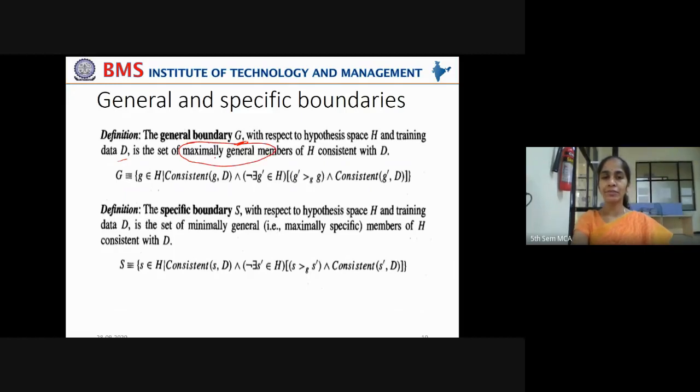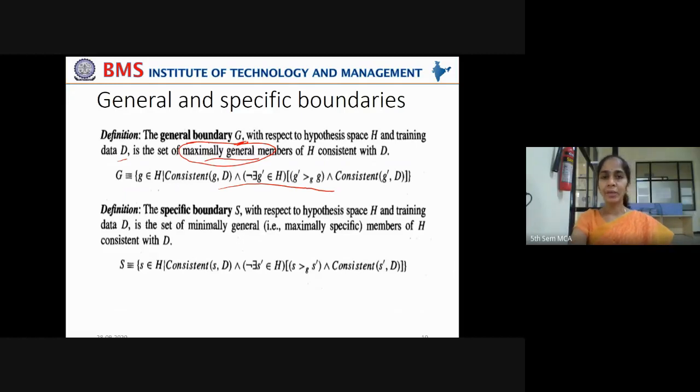Whenever you are writing this definition, you have to underline this term. Maximally general members of H consistent with D, and how it is defined mathematically. Understand this carefully. I am reading this mathematical representation. I am not just denoting the terms. I am trying to read this. That will make you understand what exactly this representation is.